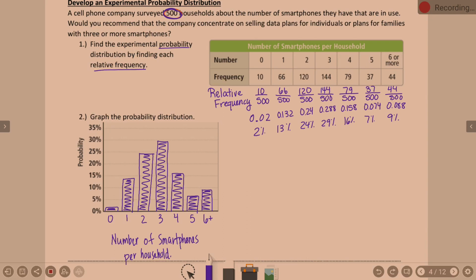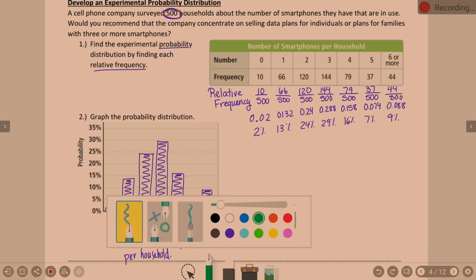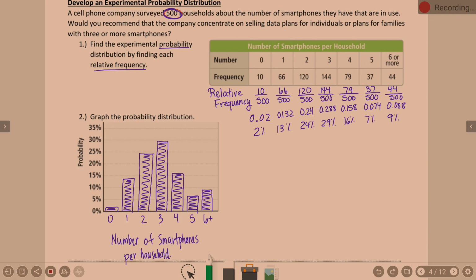Now, what was the original question? Because there was a question here. Would you recommend that the company concentrate on selling data plans for individuals or plans for families with 3 or more smartphones? How can we answer that question using this information to support it?